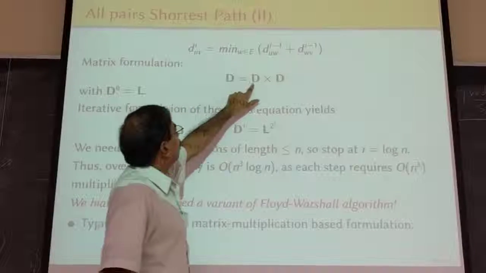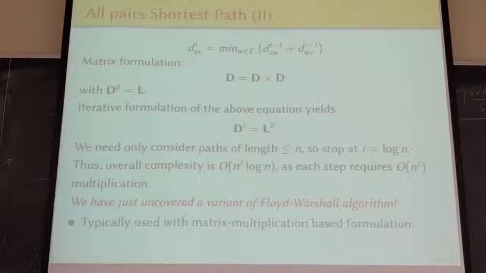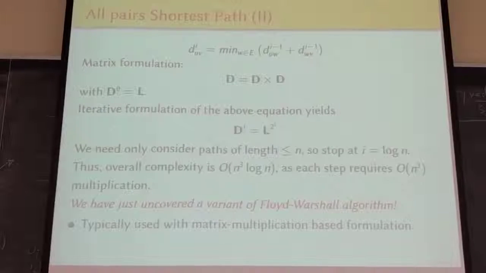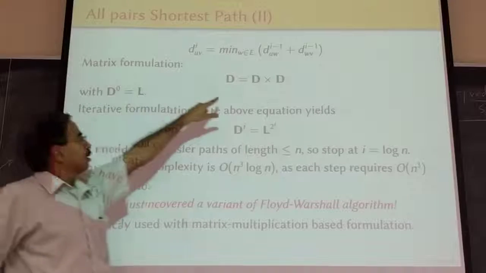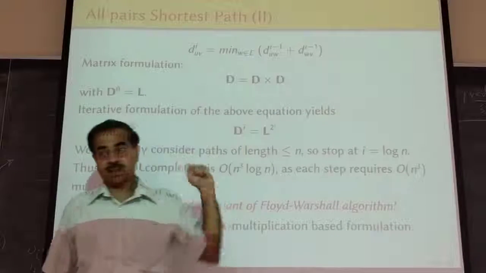So if you have D equals D times D, and then you just do your iterative thing, D1. We substitute the initial approximation to get this next approximation.